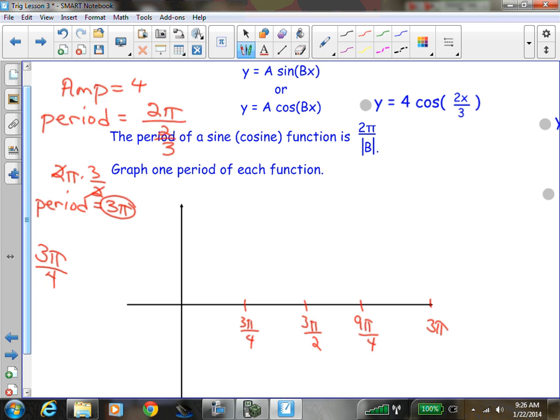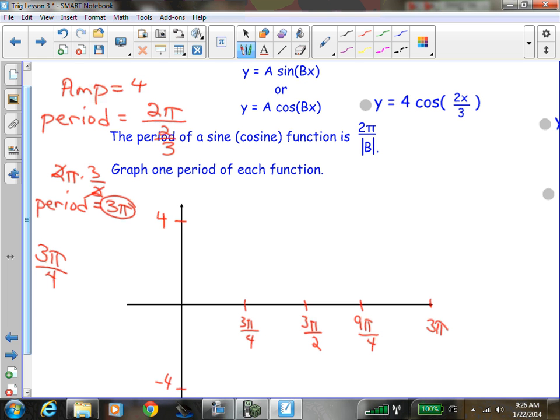And then we're going to go up 4, and we're going to go down 4. Now, I don't have a really good relative scale here, but remember that 3 pi is about 10 units long. Let me make my y's a little bit better because of that. If it's about 10 units long, then probably something like this is a reasonable scale.